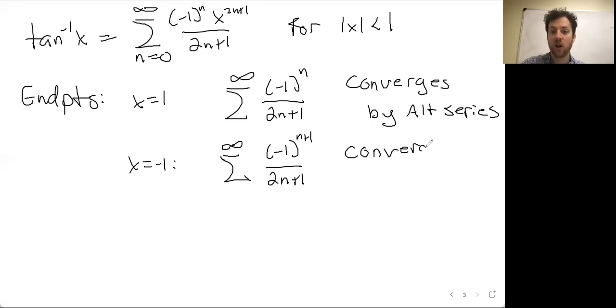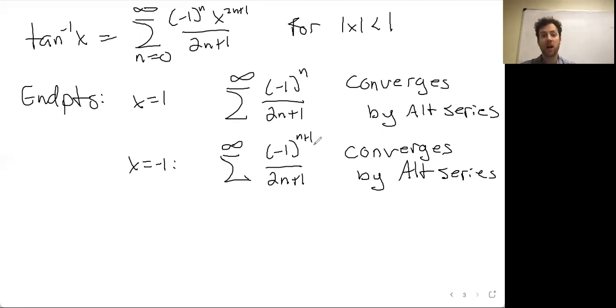So we still have an alternating series. While the alternating happens in a different direction, so here n equals 1 makes it positive, here n equals 1 makes it negative, we still can use the same process. This converges by the alternating series test.